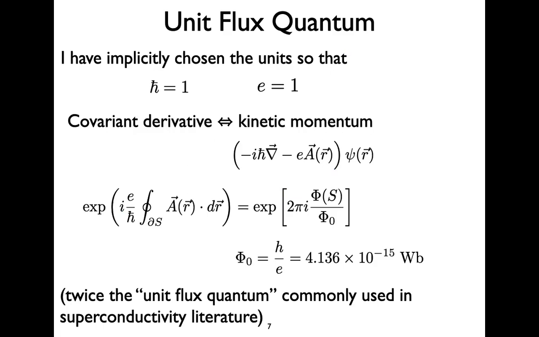Often we call this the unit flux quantum, but this is twice the unit flux quantum commonly used in superconductor studies, because in a superconductor the entity which carries current is the Cooper pair, which has charge 2e. But in this discussion, we use the electron charge, so the unit flux quantum for our purpose is this. If you take the units convenient for theory, then this unit flux quantum phi 0 is just 2 pi.